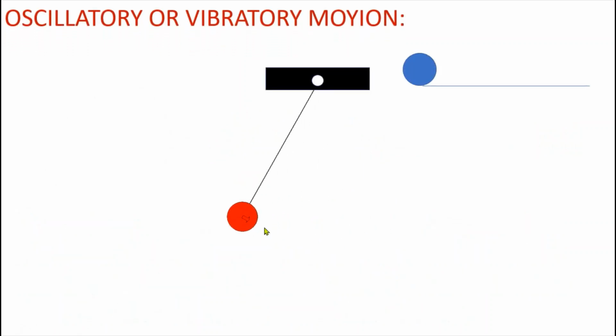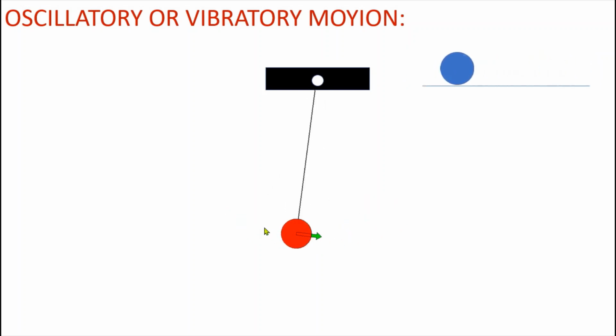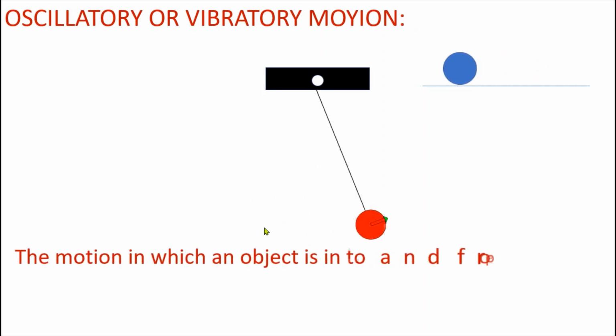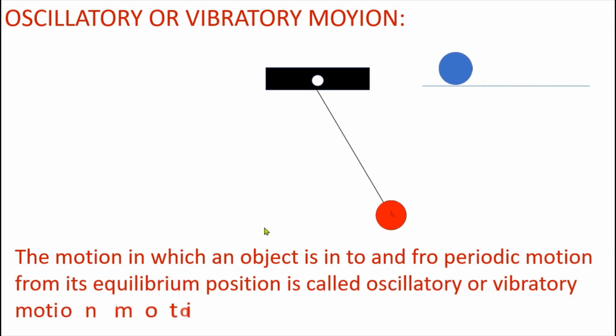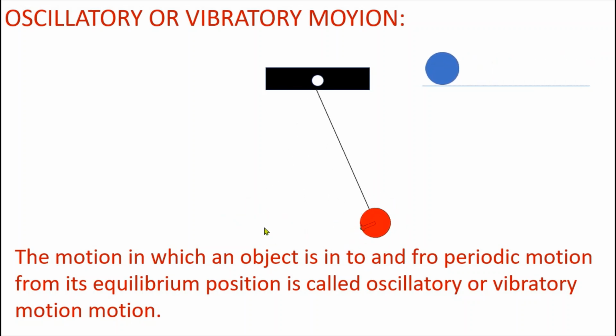Now oscillatory or vibratory motion. Oscillatory or vibratory motion is one kind of periodic motion. The motion in which an object is in to and fro periodic motion from its equilibrium position is called oscillatory or vibratory motion.